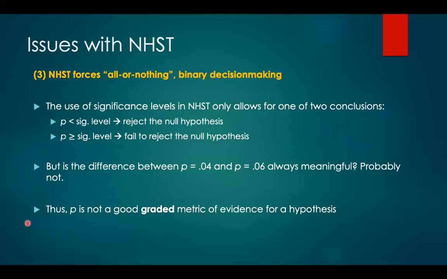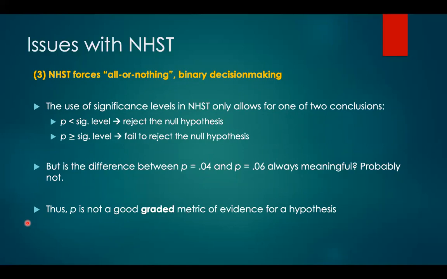Now, a third point is that null hypothesis significance testing forces us to use all or nothing or binary decision making. The use of significance levels in null hypothesis significance testing only allows for one of two conclusions. If the p-value we obtained is lower than the significance level, we reject the null hypothesis and interpret our results as support for our research hypothesis. But if the p-value is greater than or equal to that significance level of 0.05, we fail to reject the null hypothesis and our results are inconclusive.